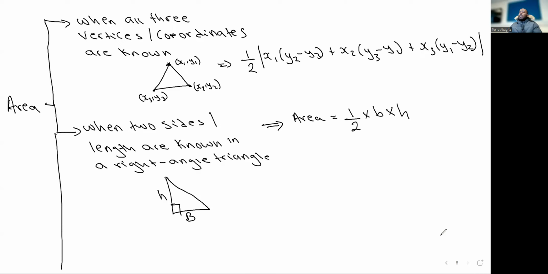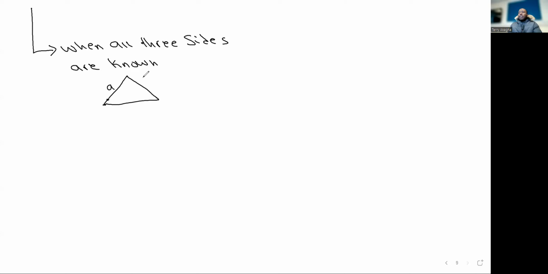Then number 3, another way to find the area is when all three sides are known. So that means for the triangle, we know the three sides. So if you have a particular triangle, you know this side A, B, and C. Now, when all three sides are known, you need to use the Heron formula.